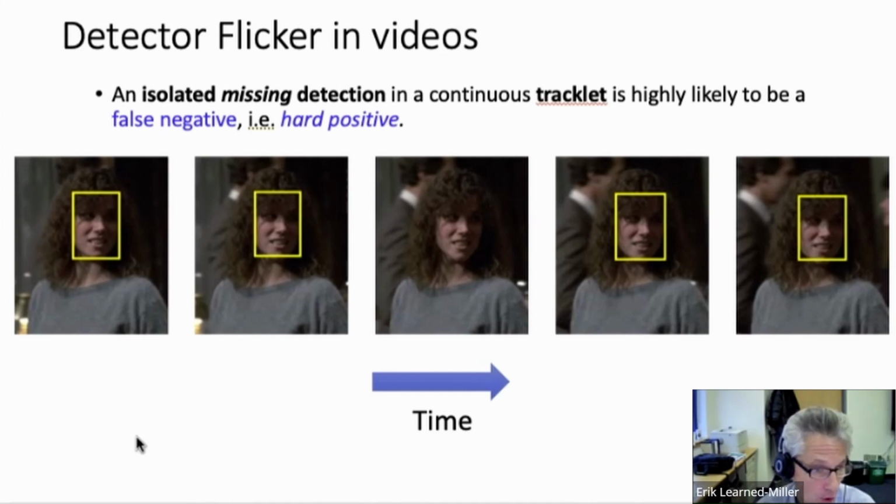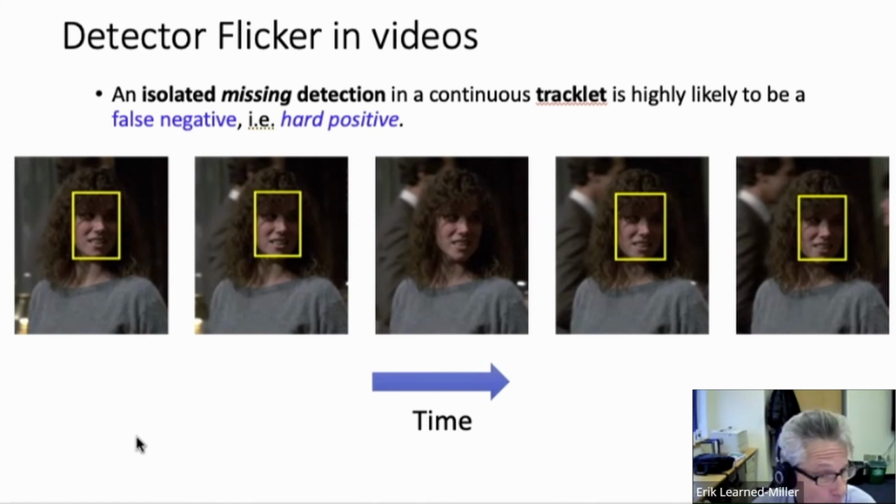So that's called a hard positive. In this case, the shadow got a little bit too strong for the detector, and so it didn't work in that particular frame. We want to give it that example again and say, you should have detected something here, so adjust your parameters so that you would have detected it.